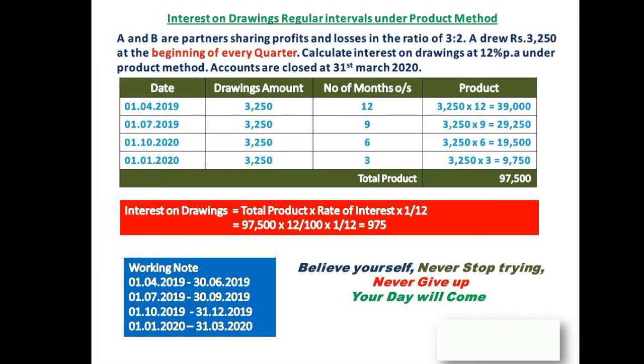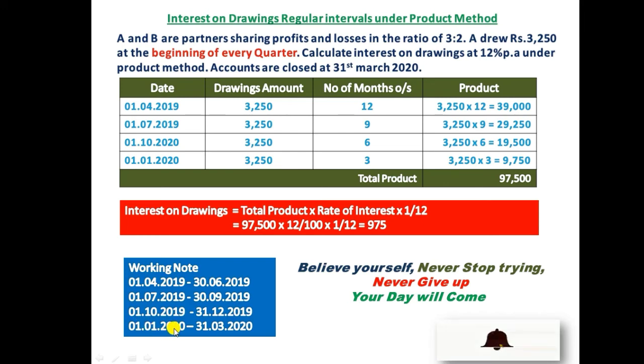Now we will see, if the partner drew at the beginning of every quarter, how we need to calculate interest on drawings. Before going through the question, first we'll see the working note. If the partner drew at the beginning of every quarter, we should use these dates. The first quarter begins 1/4/2019, and the second quarter begins 1/7/2019. The third quarter begins 1/10/2019, and the fourth quarter begins 1/1/2020.